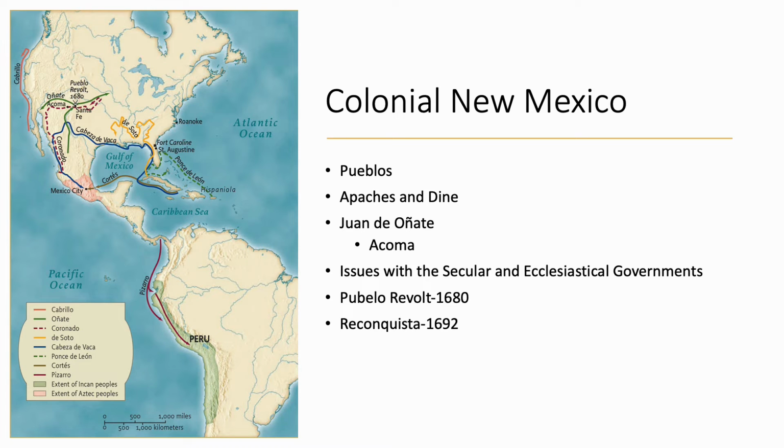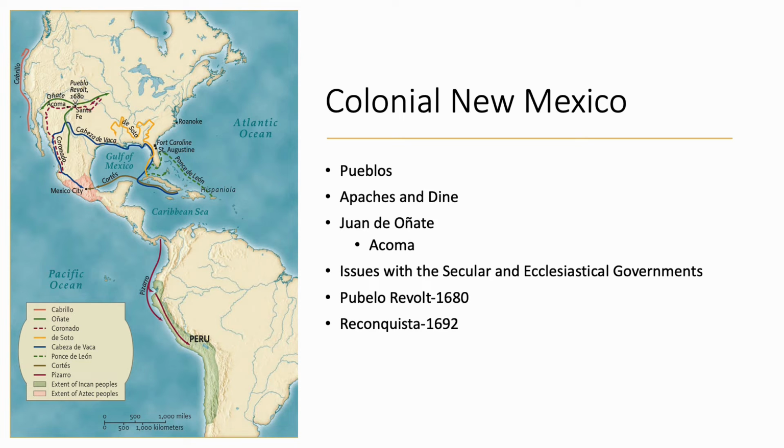Now, in 1692, I'm sorry, not Juan de Oñate, Diego de Vargas is named governor of New Mexico and is ordered to reconquer New Mexico. Given a few hundred men and more settlers, he marches north from Paso del Norte. When he gets there, Diego de Vargas immediately begins realizing that the Pueblos have, over the last 12 years, become disunited.